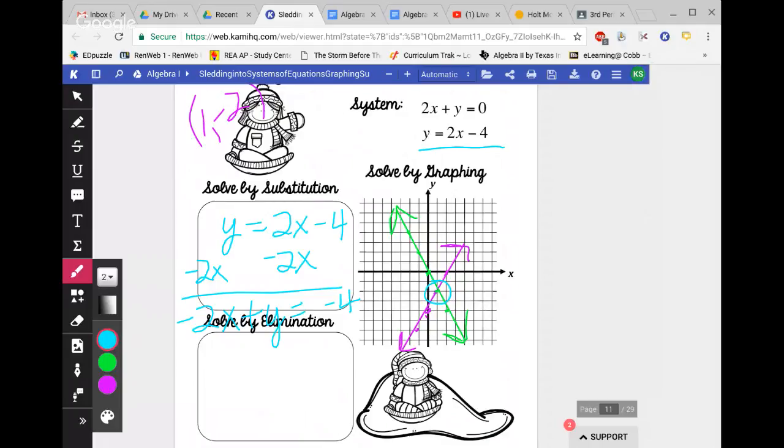So now this one is in standard form. So we've got the top one at 2x plus y equals 0. And then we've got the bottom one now in standard form.